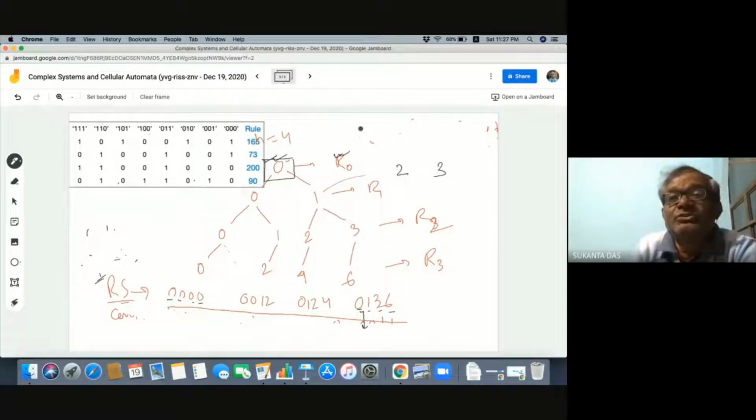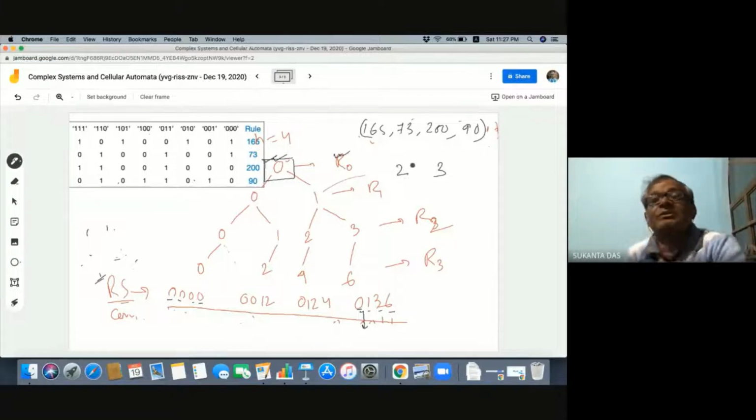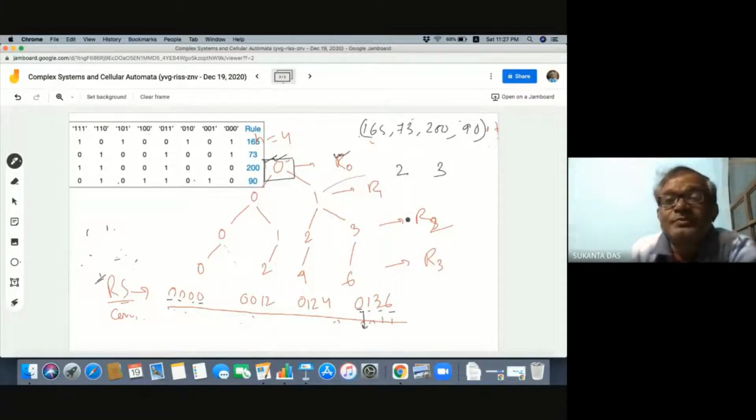Here I'm using rules 165, 73, 200, and 90. Suppose this is the RMT sequence for the CA, so a 4-RMT sequence. So I can associate one configuration with this RMT sequence.